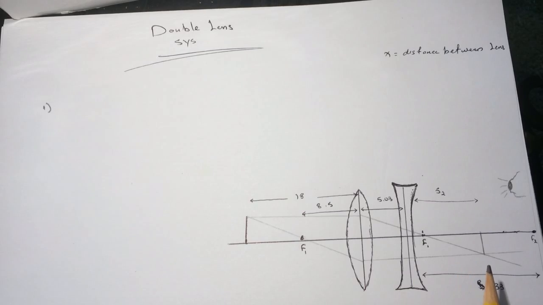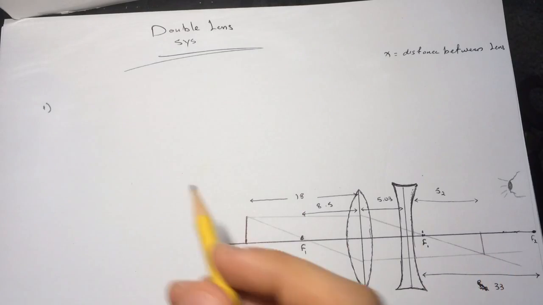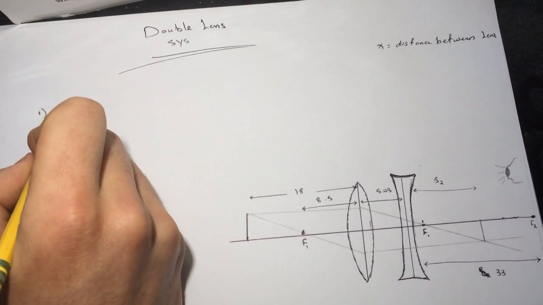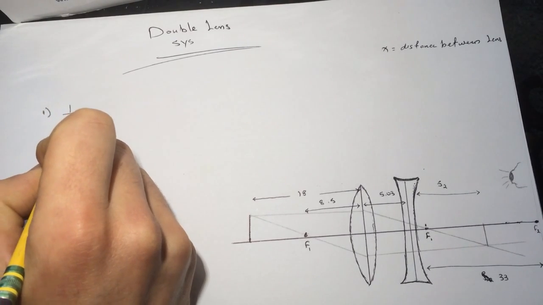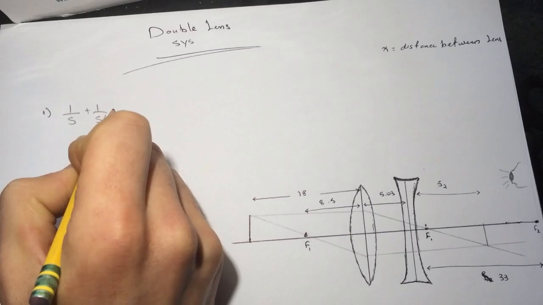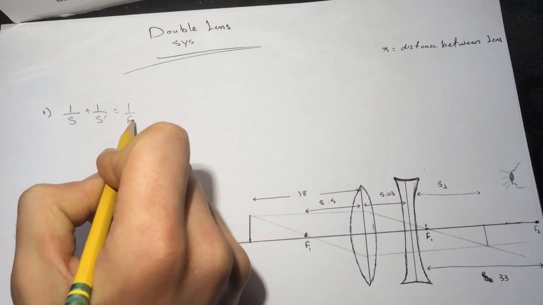Okay, so we know the object is going to produce an image here. Okay, so let's use 1 over s plus 1 over s prime equals 1 over f.